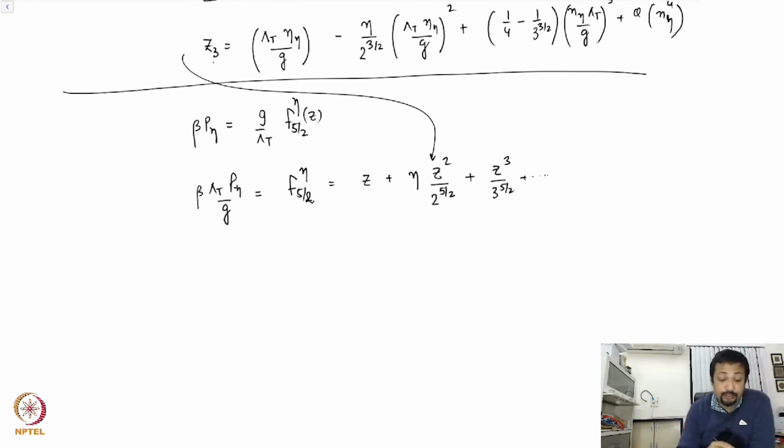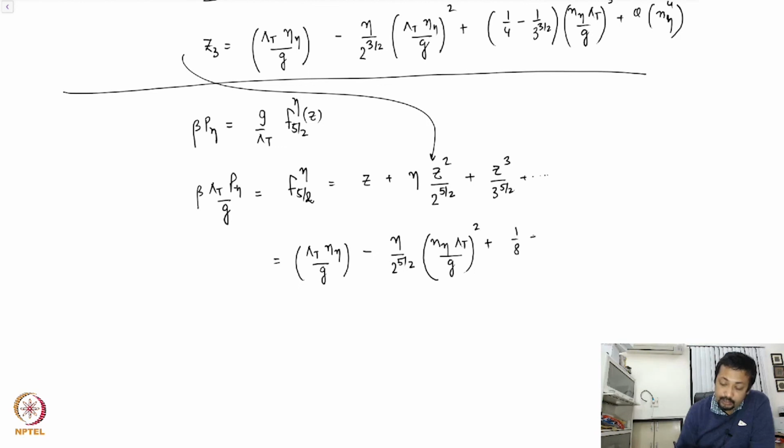so if I now substitute this value of z3 in this expression, I will come up with an expression that this is going to be lambda t n eta over g minus eta over 2 to the power 5 by 2 n eta lambda t over g whole square plus 1 by 8 minus 2 over 3 to the power 5 by 2 n eta lambda t over g whole cube plus higher order terms.